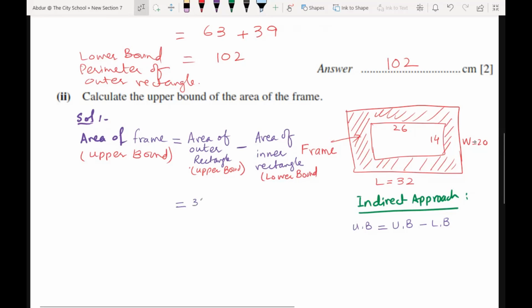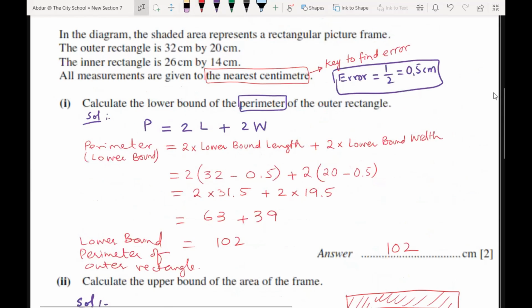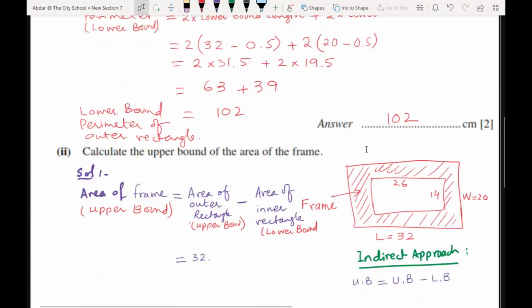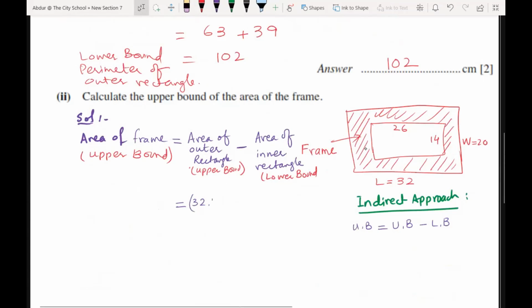So it will be 32.5, because the error was 1 over 2 or 0.5 centimeter, times 20.5, minus the length of the inner rectangle, but you have to take the lower bound, so it will be 25.5, times the width of the inner rectangle, lower bound, so you have to subtract 0.5 from 14, it will be 13.5.